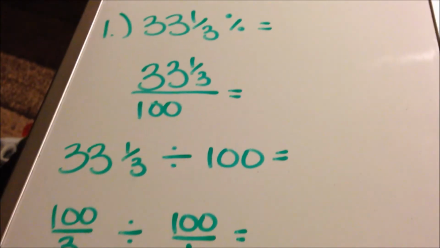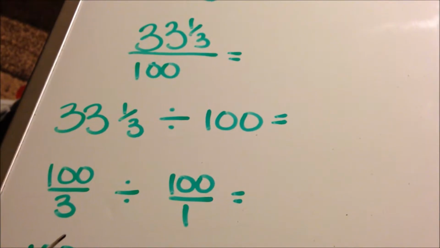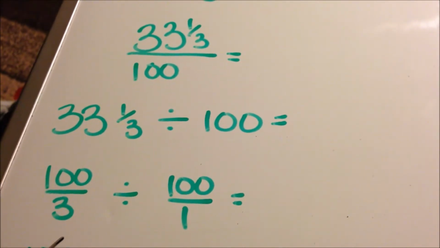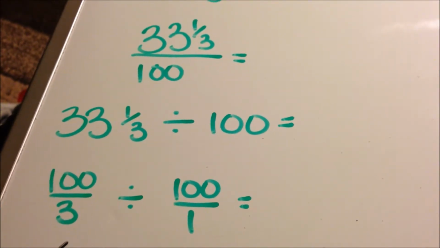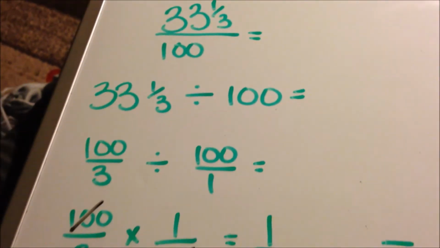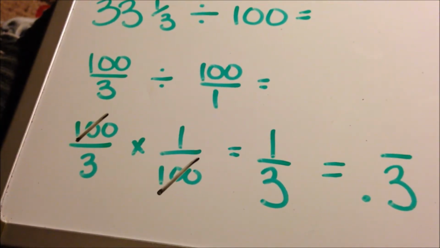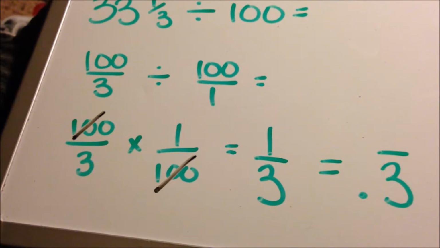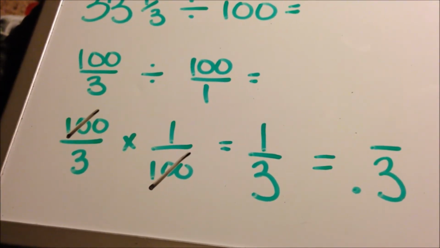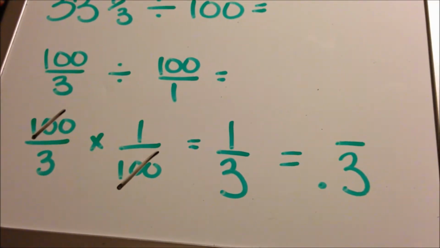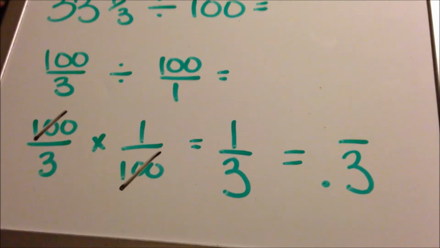Next, let's convert 33 1/3 to an improper fraction, so 100 over 3, and then make 100 a fraction by putting it over 1. So we have 100 over 3 divided by 100 over 1. The next step would be to change the division problem into a multiplication problem. So we have 100 over 3 times 1 over 100. We can cross cancel the 100s and we end up with 1 over 3. If you type 1 divided by 3 into your calculator, you will get 0.3 repeating.